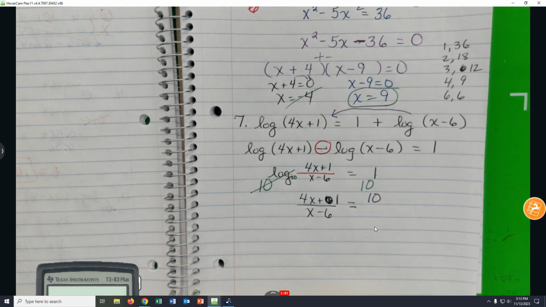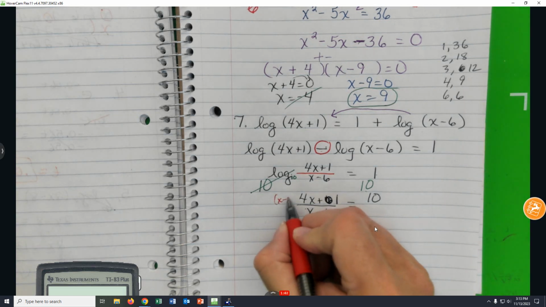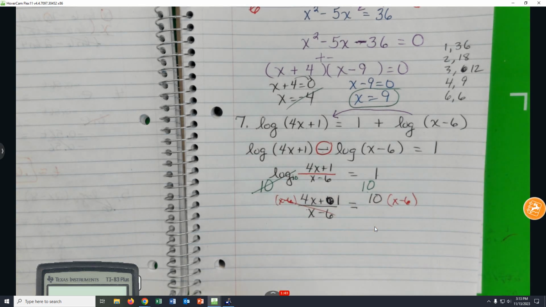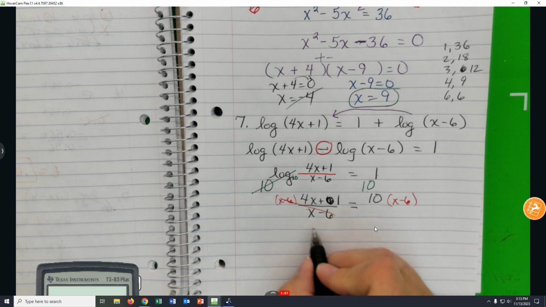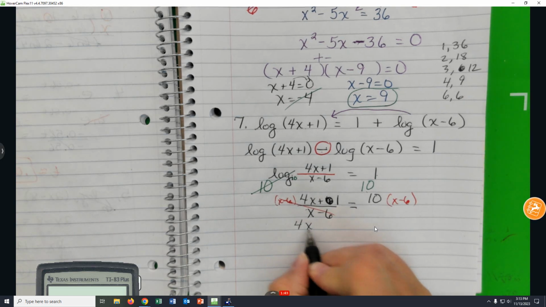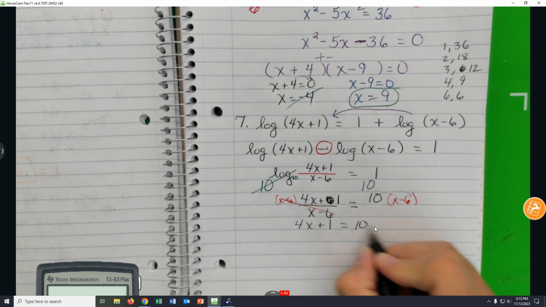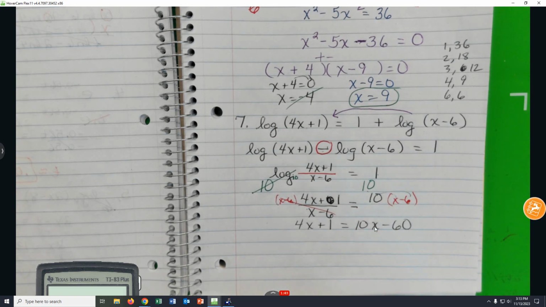Now, however you want to do it, think of this as 10 over 1 and cross multiply, or say, I'm going to multiply both sides by x minus 6. I would cross multiply. Yeah, normally I do, but I decided 10x minus 60.